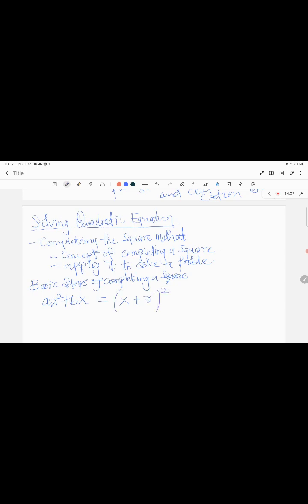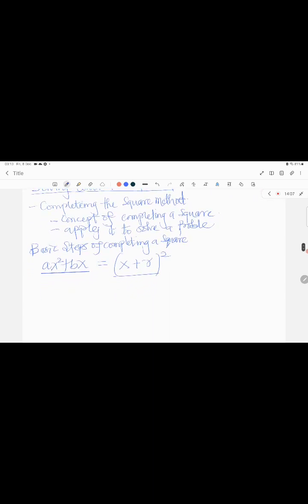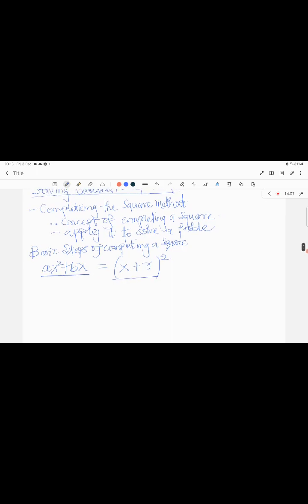So we want to write it like this. What can we add to this to make it something we can write in this form? That is what completing the square is. We want to complete this and make it become a square.